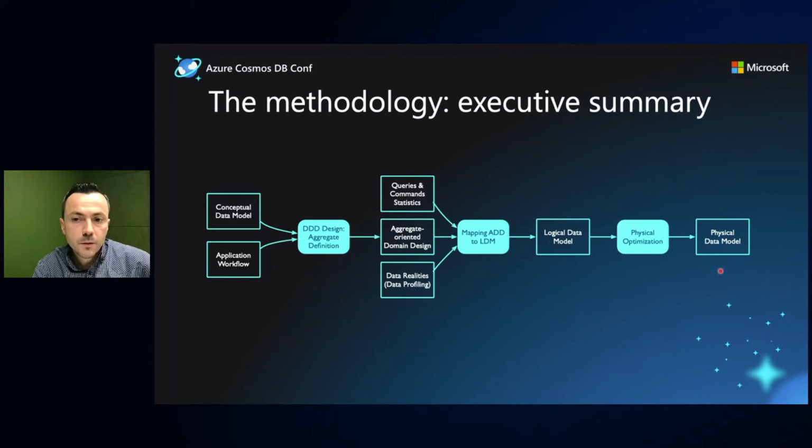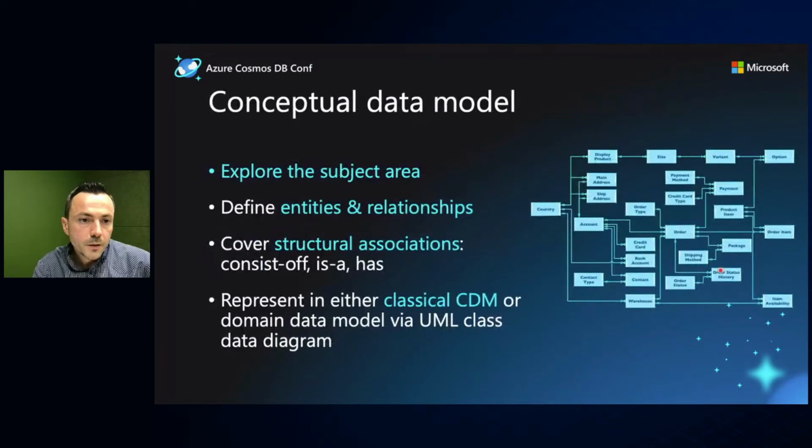All right, so now let's go through each of the steps and consider an example using the case study I mentioned above from the e-commerce business. As with any data modeling activity, we need to start from the conceptual data model. So we need to explore our subject area and define a list of entities and relationships.